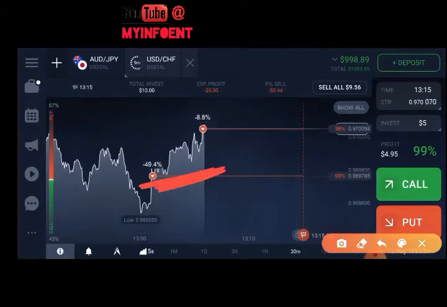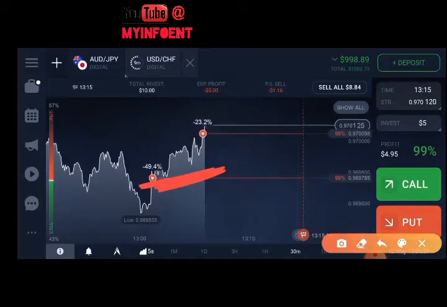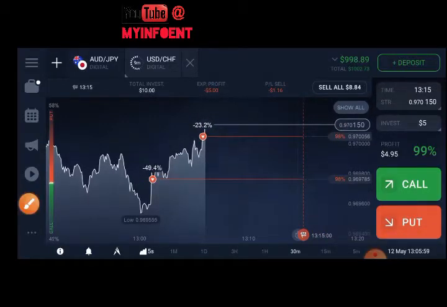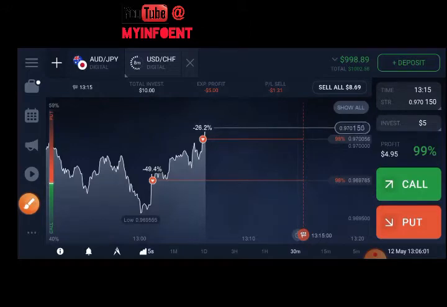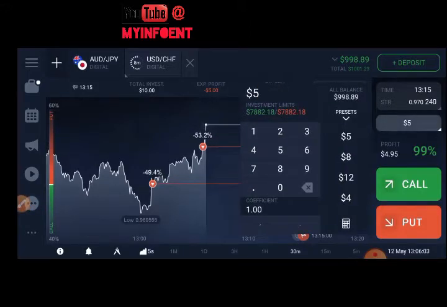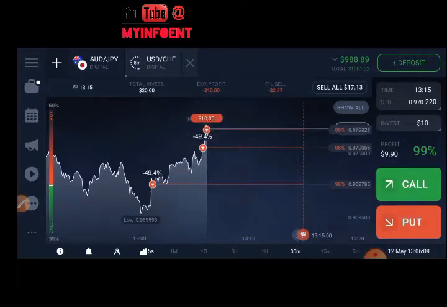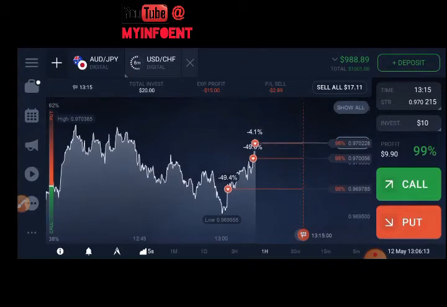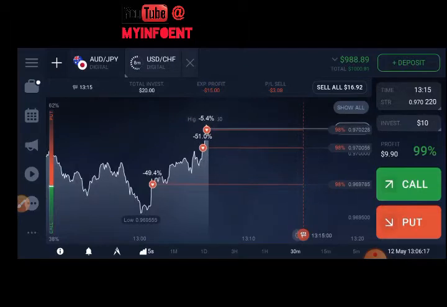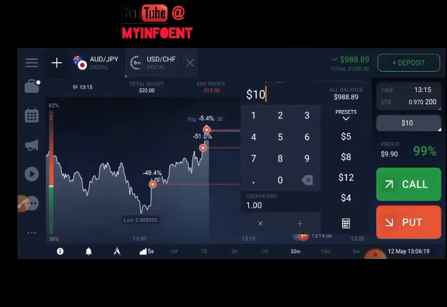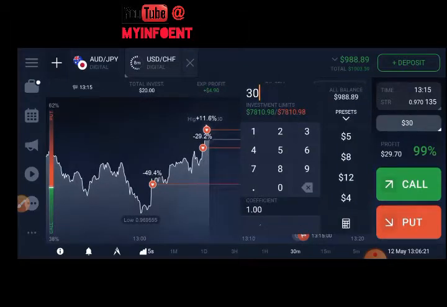It's just an error in their app system, but that doesn't stop me. So let me go for $10 to open another trade. Once I start seeing profit, I'll withdraw and leave the market. I'm not bothered. The next one will be 30.